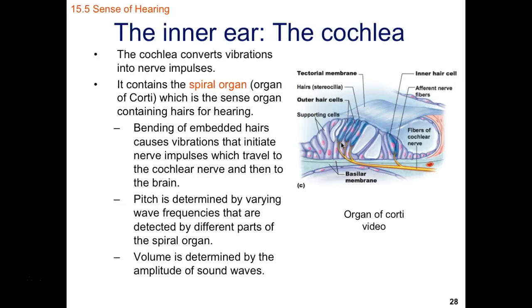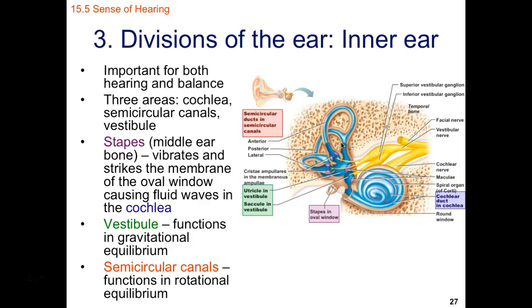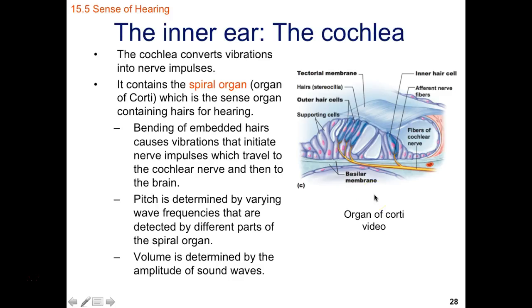Okay, so within your cochlea, let's just go back to our picture so we can get this in our mind. Here's our cochlea. Within our cochlea, we have this special organ called the spiral organ, or organ of Corti. And this is going to contain hairs that'll help us with our hearing. The bending of these hairs, so here's some outer hairs. We also have some other stereocilia and inner hair cells.